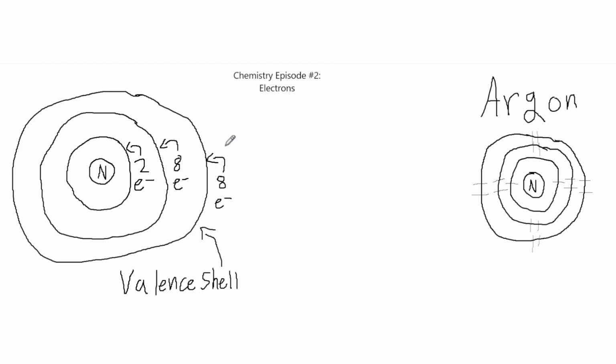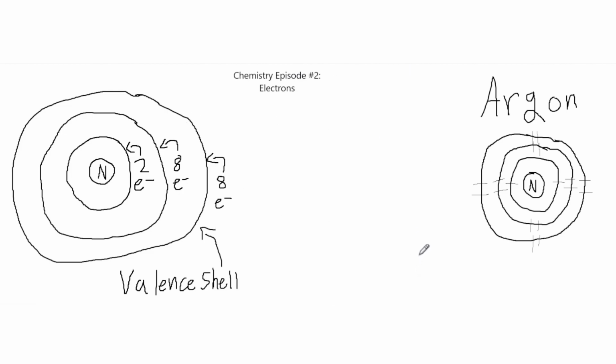That outermost shell now becomes its inner shell that's already filled, right? We'll learn more about that in bonding and later episodes, but that's just a brief overview of chemical bonding because it has a lot to do with electrons and valence electrons.